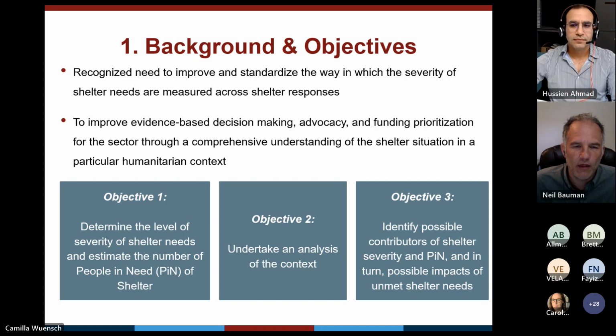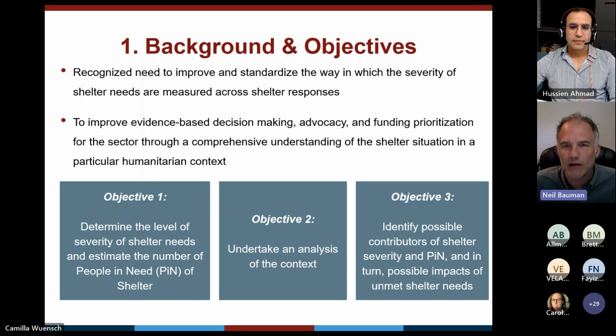This one, though, what we're going to be talking about here, is fundamentally about the definition of how the shelter sector describes the order of magnitude of the people in need in a response, and also the severity of that need, because not every person, not every family, not every area or community has the same qualities of need, and then our interventions need to match against a complex set of variables of what those needs are.